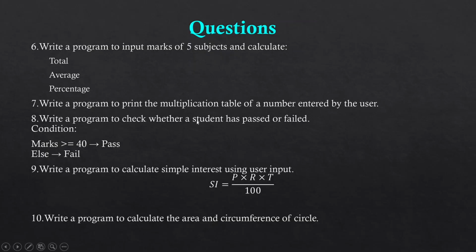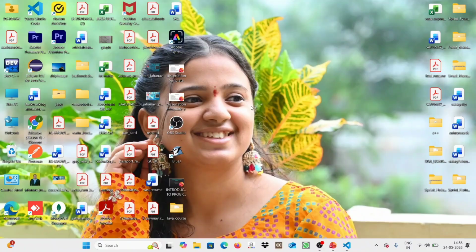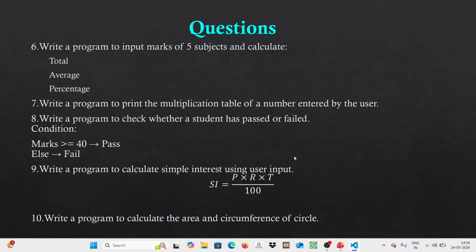Write a program to check whether a student has passed or failed. If marks is greater than or equal to 40, it is pass, else fail. Now we all know, we have learnt about something called the ternary operator.